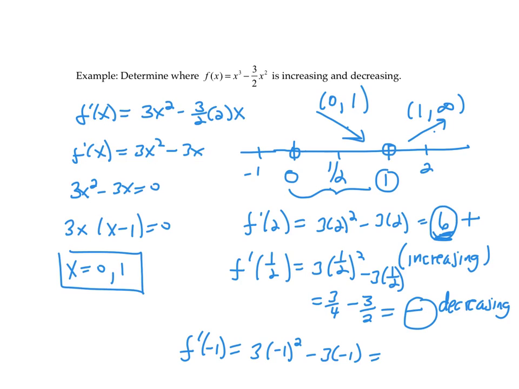Well, that's going to give us positive 3 plus 3, which is 6. That's positive. So that means that, once again, our function is going to be increasing on this interval from negative infinity to 0. I know it looks like an 8 there, but it's negative infinity to 0.